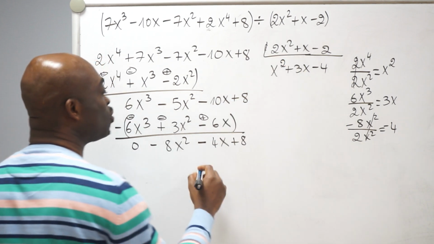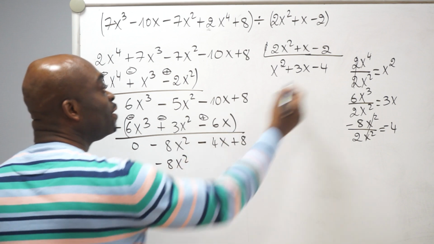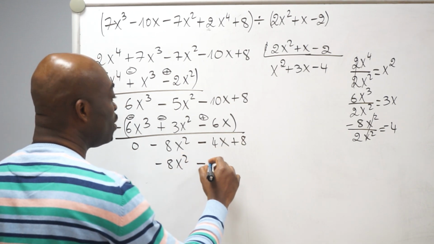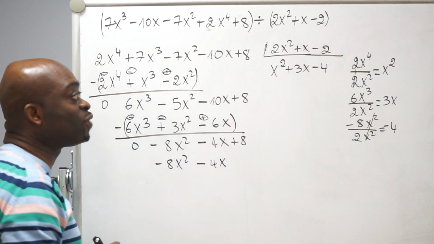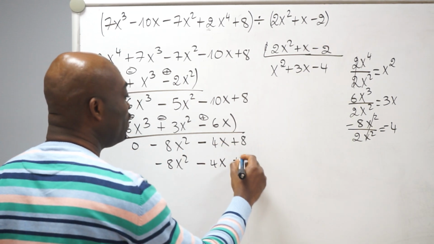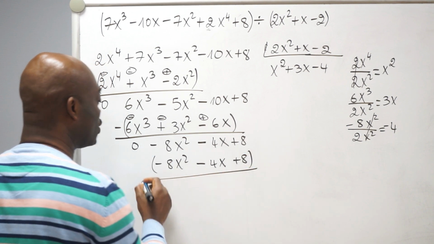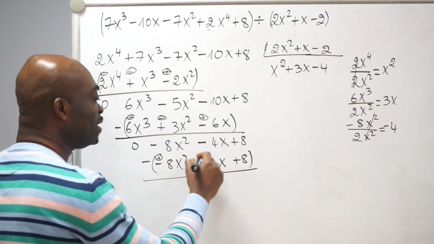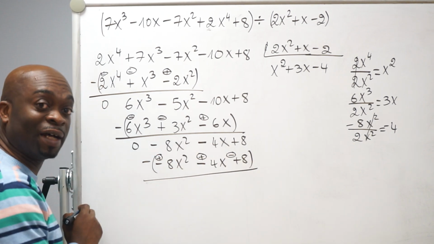So negative 4 times 2x gives us negative 8x squared. Negative 4 times x gives us negative 4x. Negative 4 times negative 2 gives us positive 8. Okay? And then don't forget that we have to subtract it, so the signs flip because of the subtraction sign.